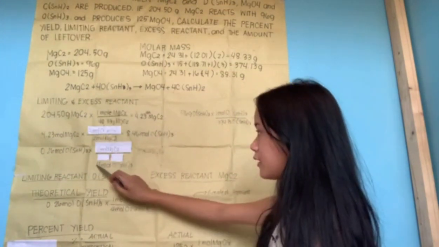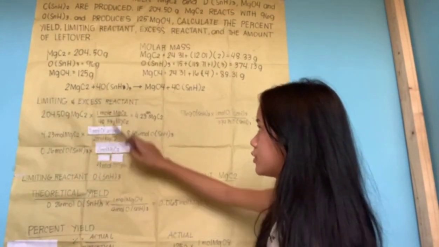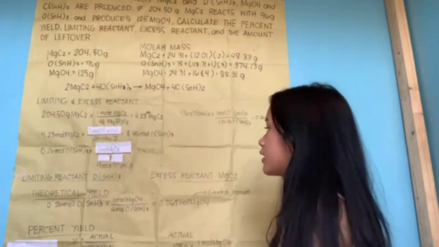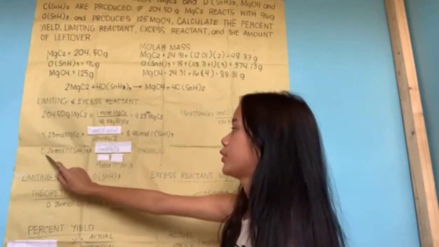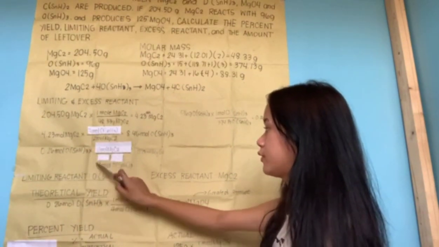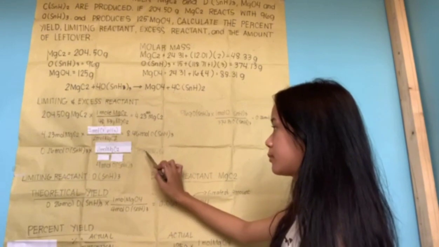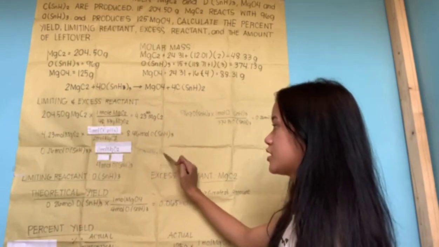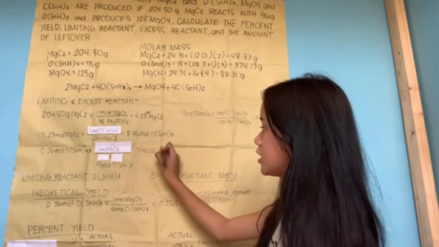Then 4 mole, which we get from here, then cancel out. 0.26 mole times 2 mole MgC2 divided by 4 mole is equal to 0.13 mole MgC2. So this is the total.